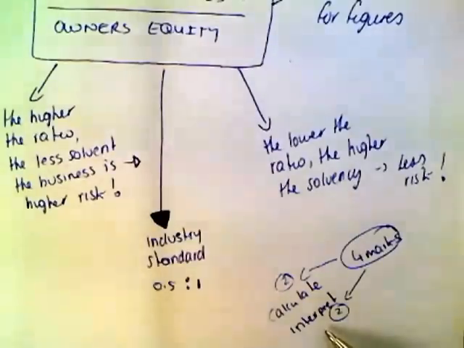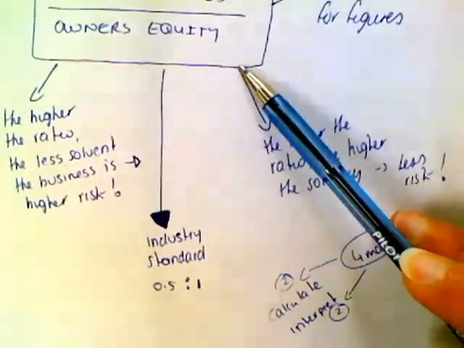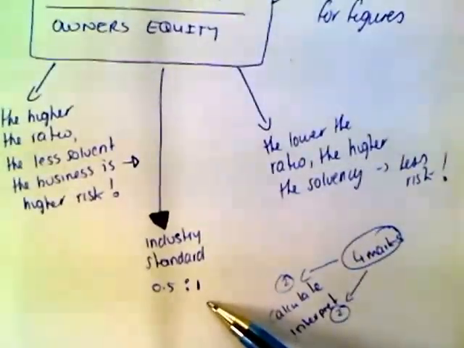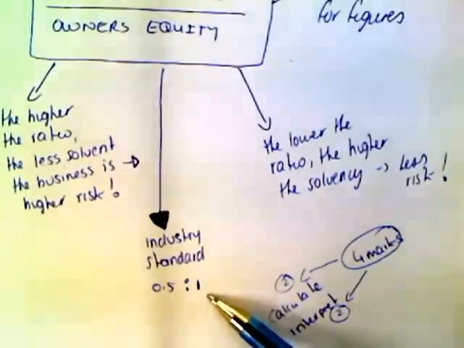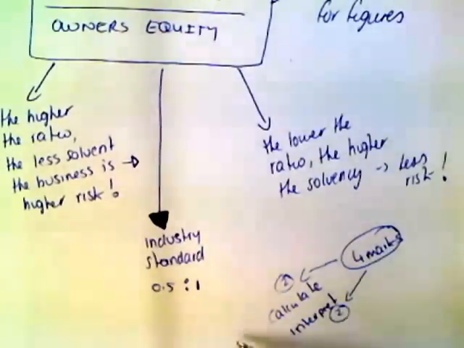Your interpretation basically means you go back to your actual ratio that you've calculated and you compare it to your industry standard. Now in class, gentlemen, we will cover some examples on how to do that, and I'll show you some past HSC questions that involve you both calculating and interpreting your solvency ratio.